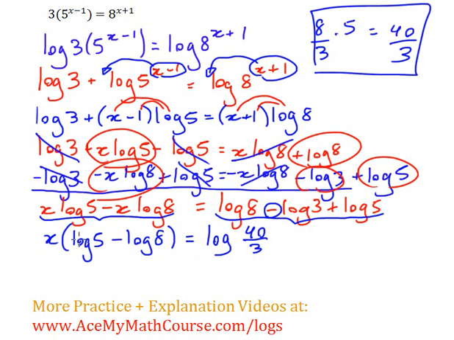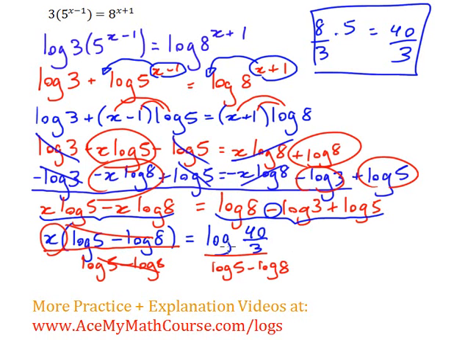And over here, now we can just divide both sides by log 5 minus log 8. Then we have x already isolated, and that'll be it. But I'm going to simplify this a little bit more. We already have the answer, but I'll keep going.